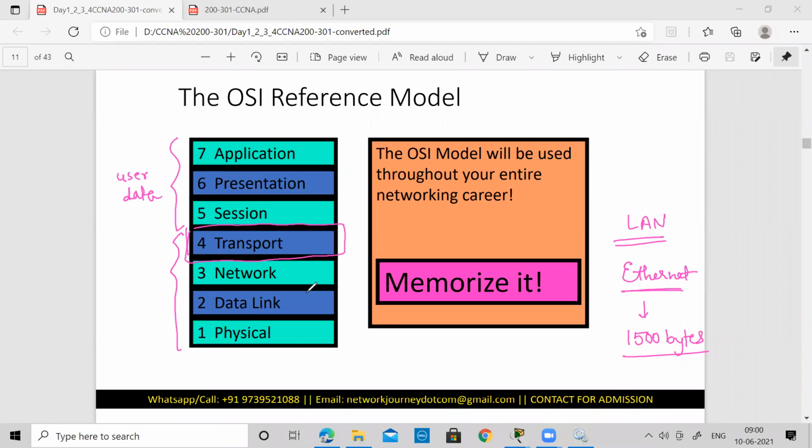We call that a header: they add their own header along with the user data. So there is a process of encapsulation, which I will be referring to, where every layer from the transport layer adds its own header and achieves its functionality in whatever way it can.